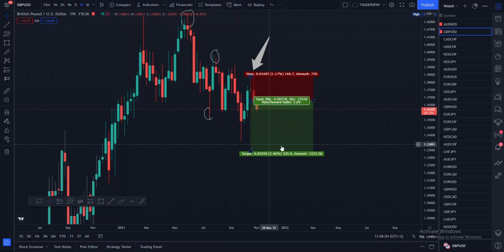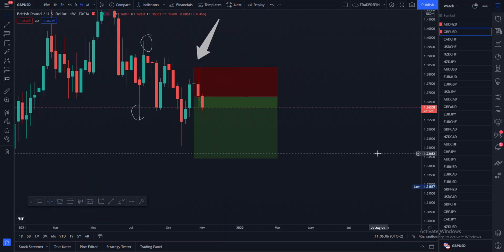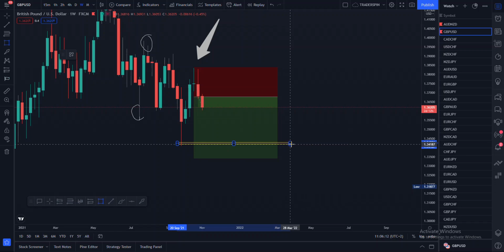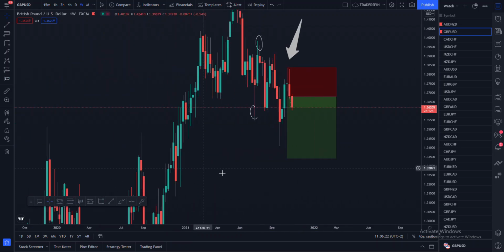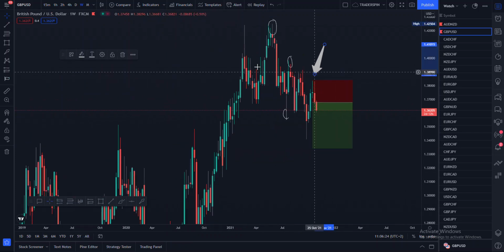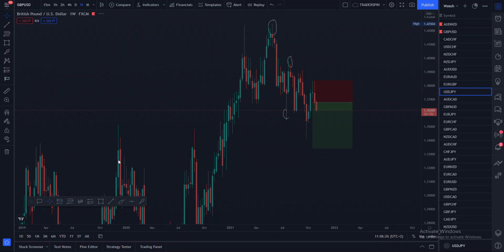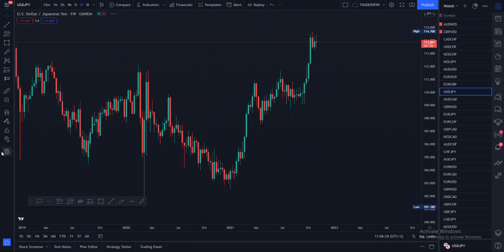So you can see that price is not going to give me my 1:2 risk to reward ratio at this low here, right? But what I will do is once price actually reaches this low, I will then protect my profits and then let it run till it gives me that 1:2 risk to reward ratio. I hope that makes sense. Okay, let us look at other.